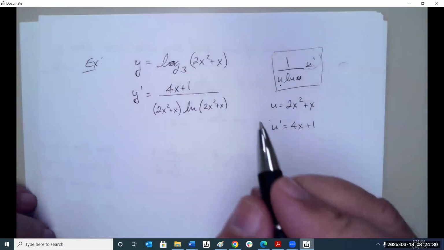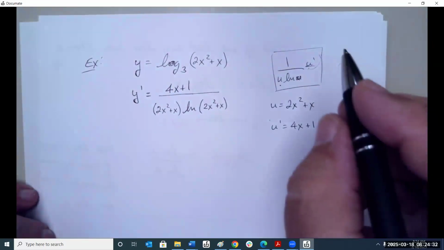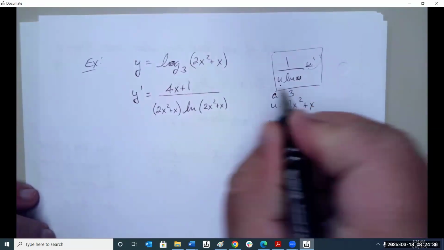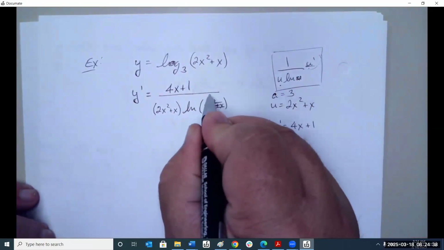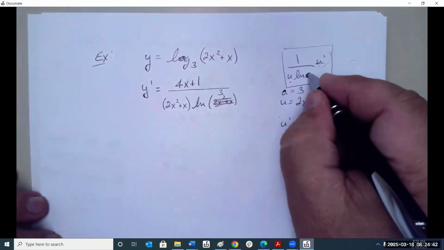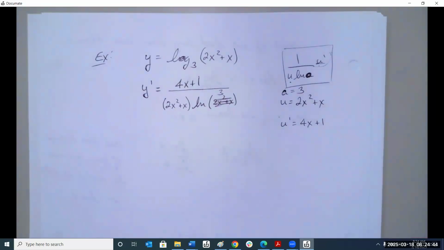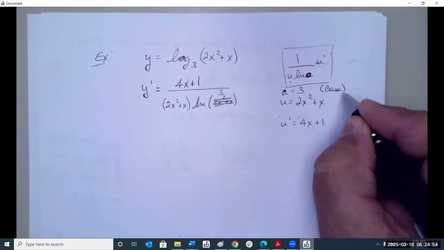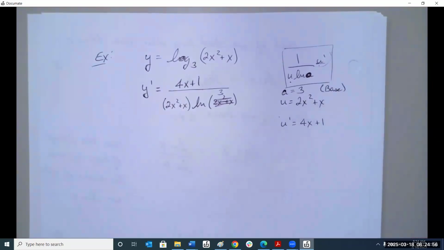Oops, hold on, my bad. What is A? A is the base, 3. So that should be 3. This is the base, this is the operation, and so there we have it.